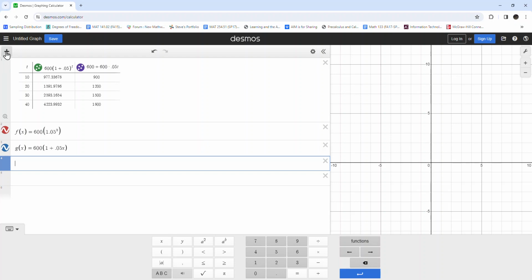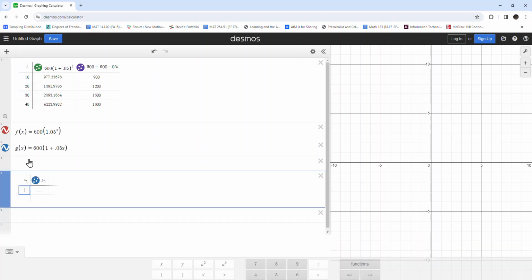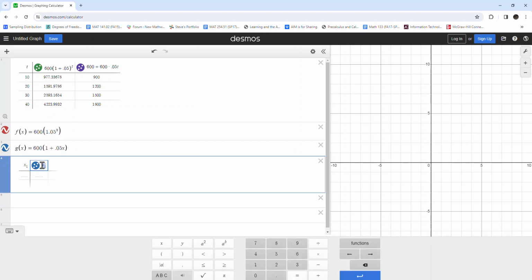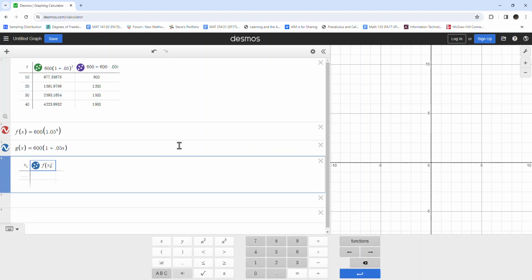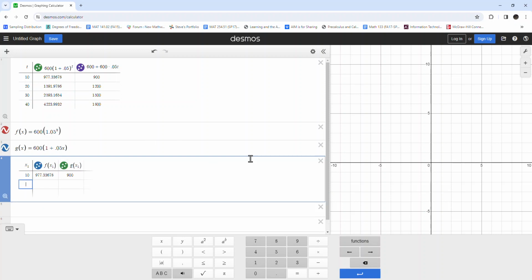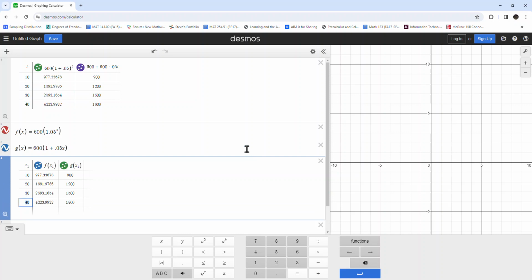And then I'm going to create a second table. There we go. And for here, I'm going to put in f of x1, g of x1, and I'm just going to regenerate the exact same table. And I'm going to tell you why I'm doing this in just a second.